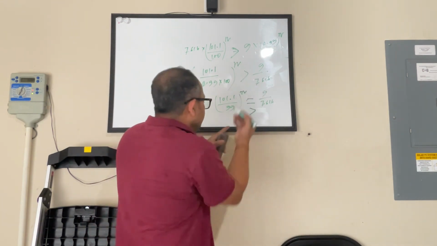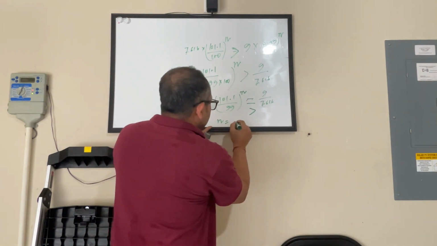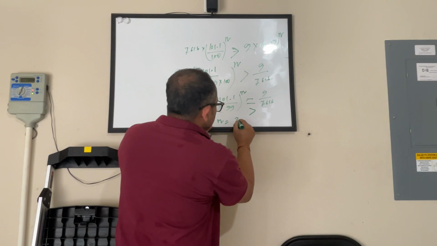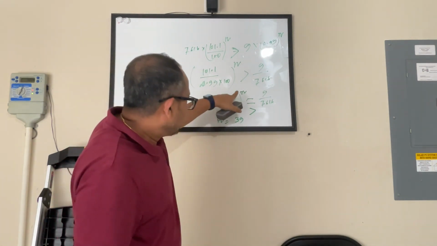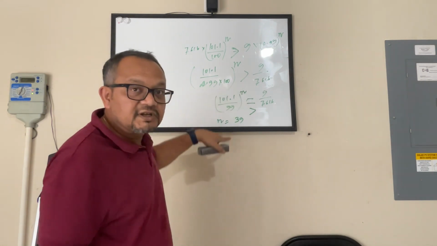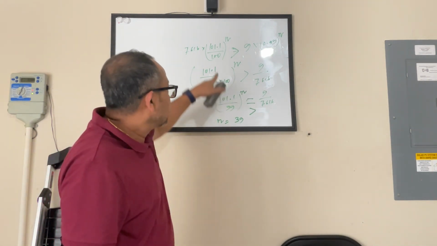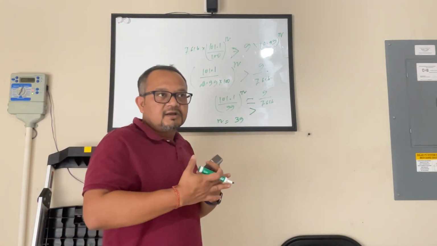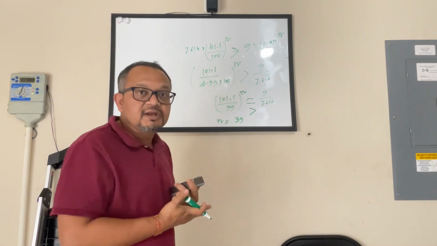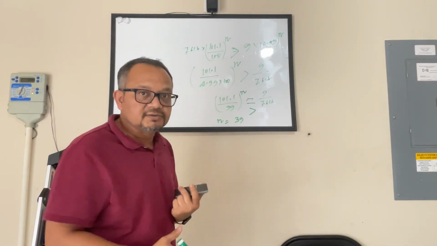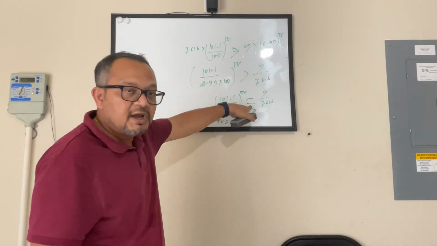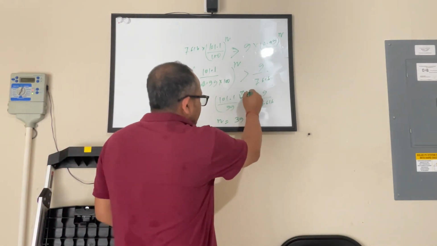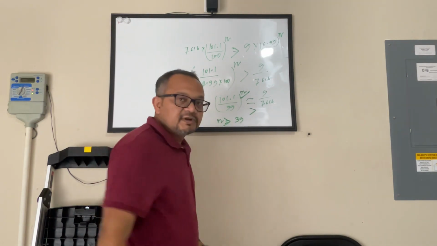So let's assume that you got value of n equal to, let's say 39. So you will say that for anything more than 39, this natural resources will not be enough to support my population. So you just find the value for the equal to situation, and then you will say my answer will be greater than this.